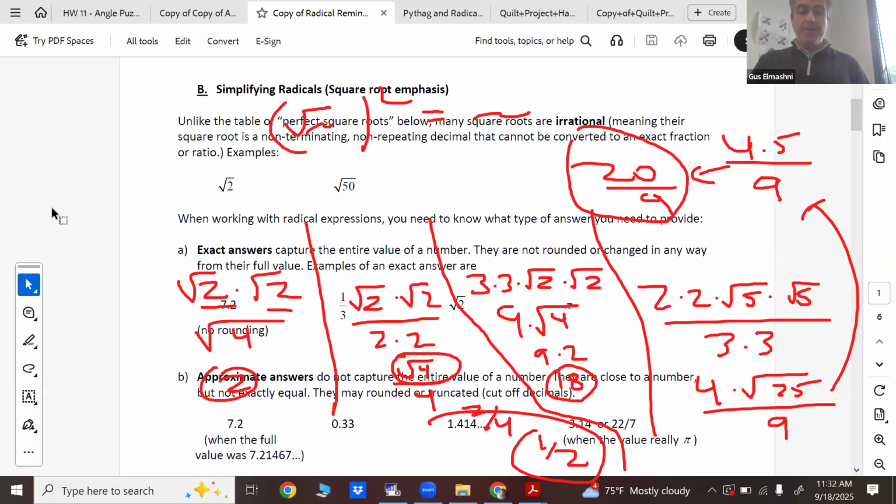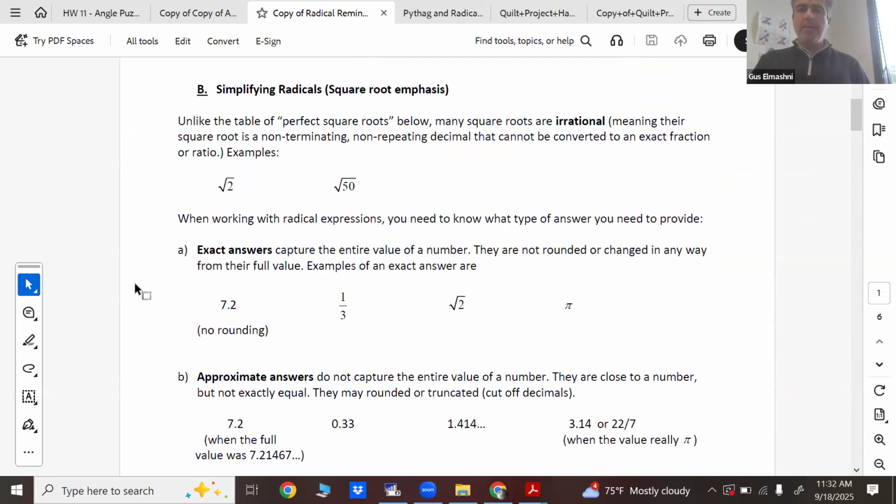Now, simplifying radicals. It's 20 divided by 3, 6.666. So what if you did, okay, Ray, can I move on? Yeah. Okay, thanks. What if you did like 6.7 over 3? What do you mean by that? If you simplify 20 and you divide each by 3, you get 6.7 over 3. Well, no, that would just be 6.7 added 3 times. Where do you get that from? Could you simplify 20 over 9? Just leave that alone. That's fine.